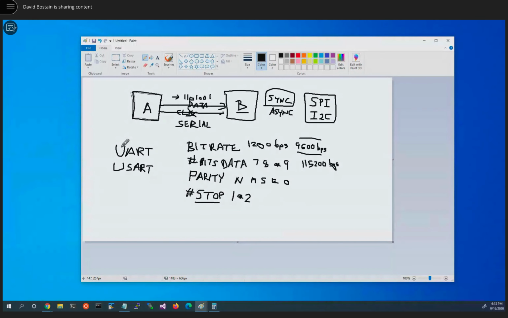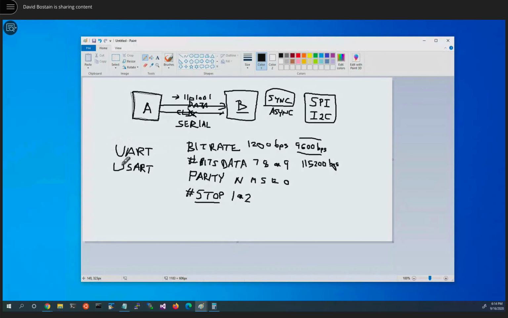A universal asynchronous receiver transmitter. That means it can receive and transmit, meaning on both ends you could have a UART talking, one UART talks to the other one, and then the CPU, for example, would talk to the UART. Basically, the CPU would give the UART an instruction to send something. It would send it, and when it was done, it would notify the CPU that it was done. Or it might notify you that it has received a character.